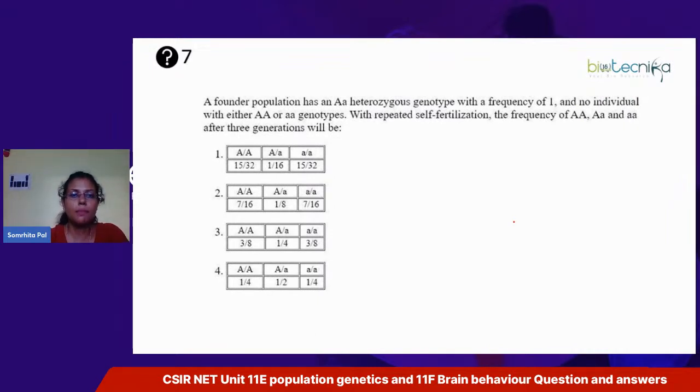Okay, so now we have come to a concept from your population genetics, and this is a concept which is connected with self fertilization. What happens to the genotypic frequency of a population when it is undergoing self fertilization? In our population, it is always better to have heterozygous individuals more than homozygous individuals. The reason is that it has two different alleles. When you cross a heterozygous with a heterozygous, you get three different genotypes.